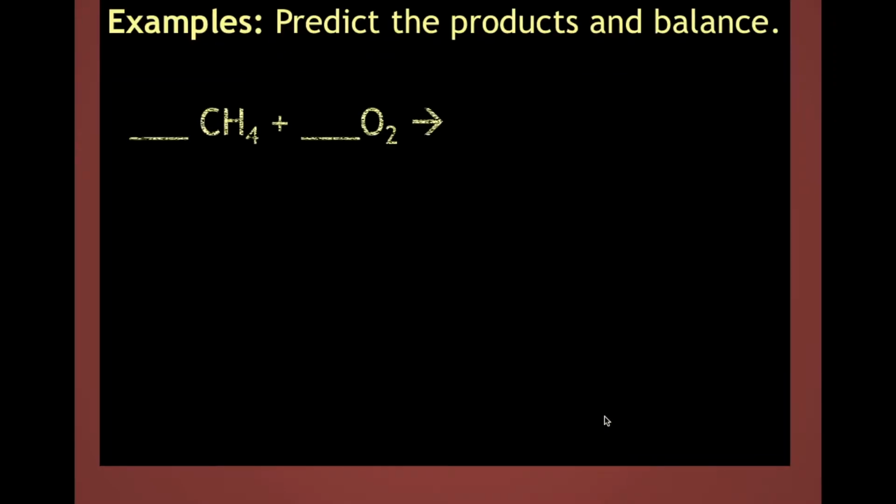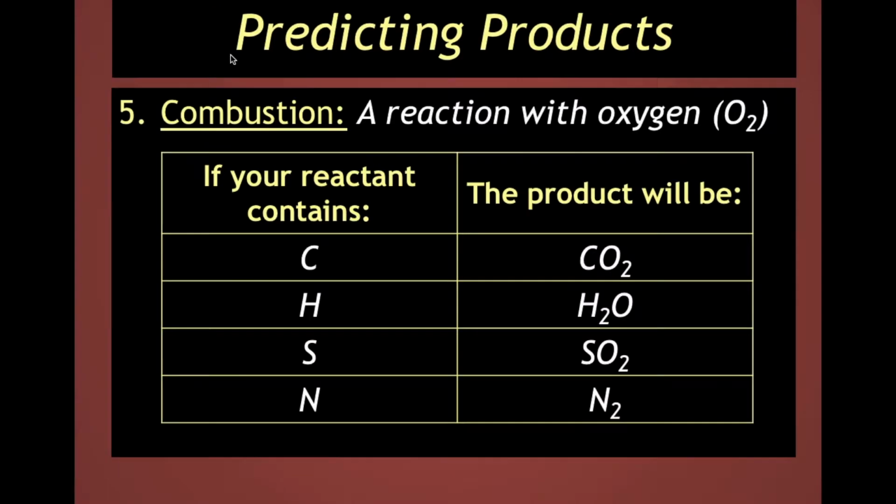And we're going to look at some examples. So you see here, in 10th grade, a combustion reaction is going to be something plus oxygen, and then you'll have some products over here. So this right here will always be in the reactants in a combustion reaction. So this is what you're looking at to determine what the products will be. So I saw carbon in the reactants. It was CH4.